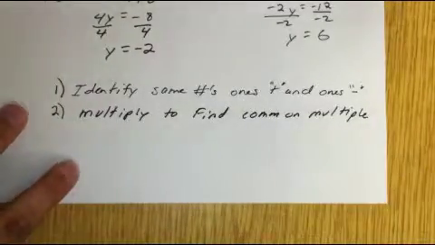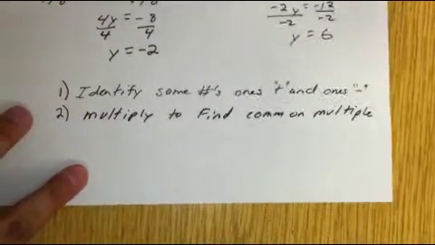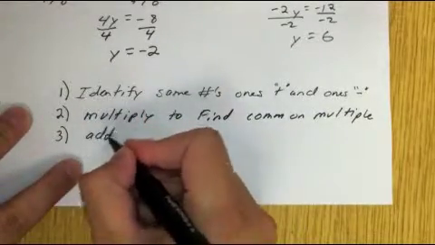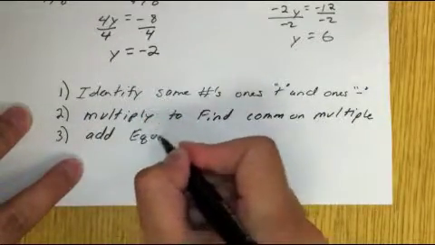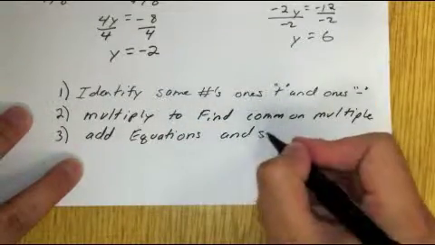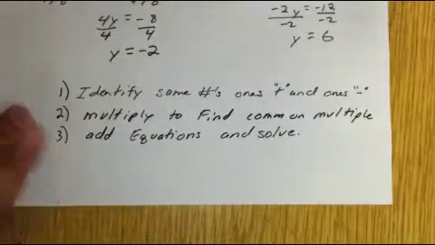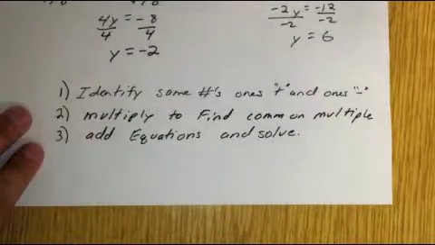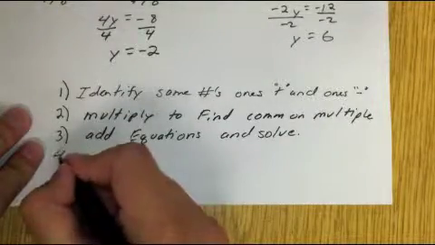Okay. What was the last thing? Once you had that, what did you have to do? Let's go ahead and add your equations. And solve. Okay, so now you have a number all by itself, maybe like x equals 2. What do you have to do to find y? Substitute, you got it.